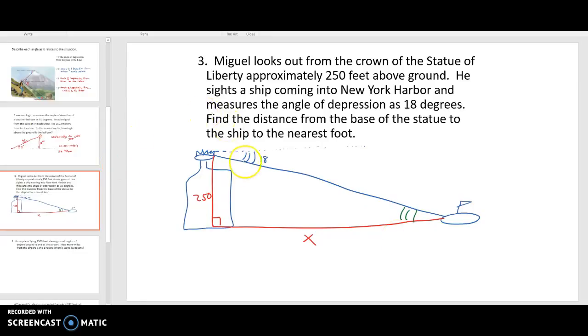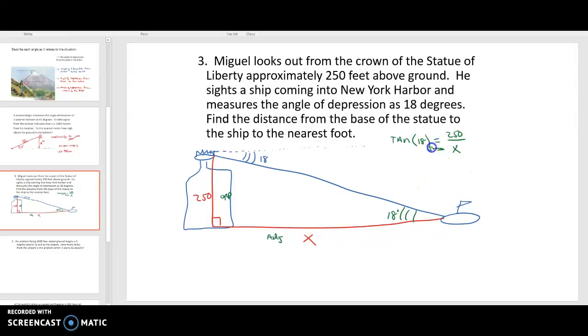So these are the alternate interior angles that are congruent. So that's going to be 18 degrees. So now, can we use trig to find this distance? Well, this is the side opposite, this is the side adjacent, and that's going to give you the tangent of 18 degrees is equal to opposite 250 over adjacent x.